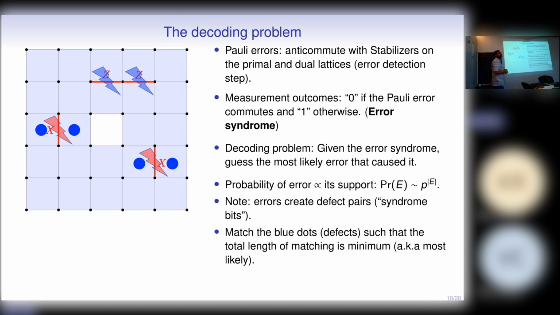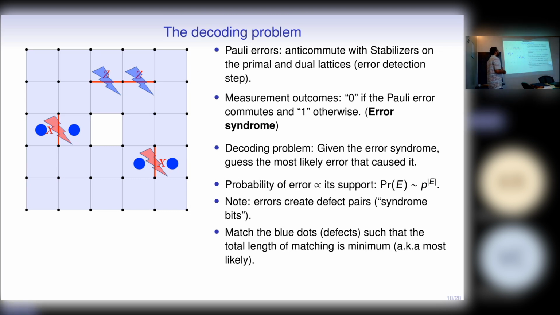But stochastically, this is an error that flipped 2 qubits. The other possibilities involve errors that flipped, let's say, 4 qubits or 3 qubits. So obviously, the one that flipped 2 qubits is more likely. In other words, you select errors based on a probability that roughly scales as though they are independent, which is p raised to the length of this error.